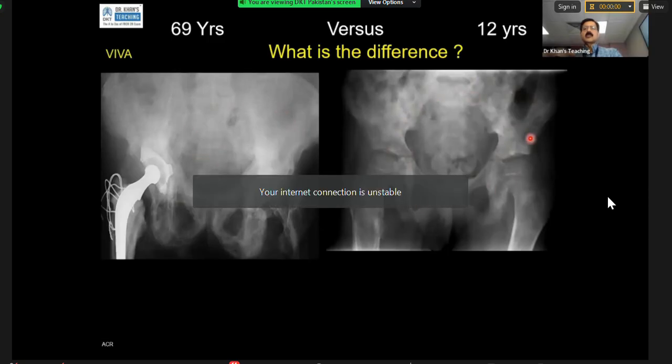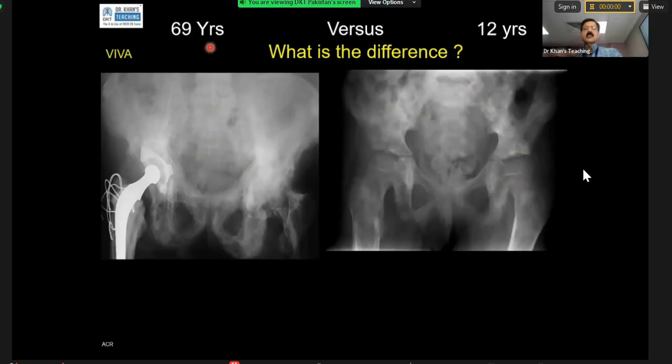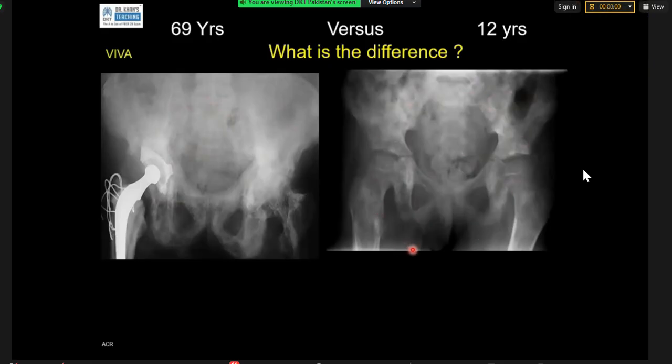Candidate 6. This is a 12-year-old. This is a 69-year-old with Paget's disease. What is this? On this 12-year-old frontal pelvic radiograph, I can see patchy areas of sclerosis involving the pelvic bone, and also lucency and cortical destruction involving the right femur bone.